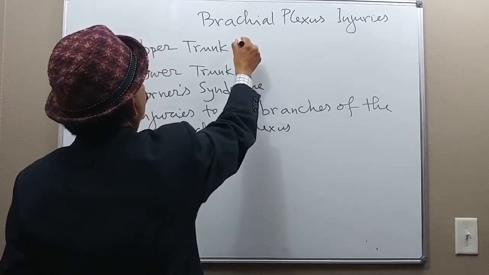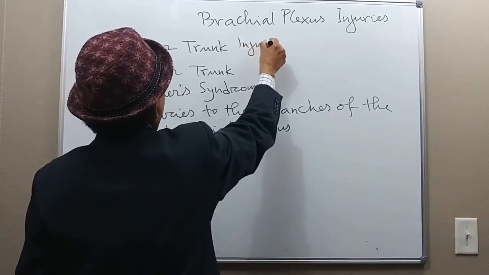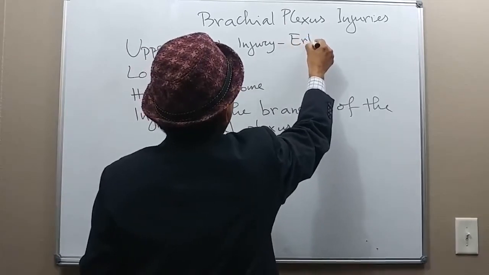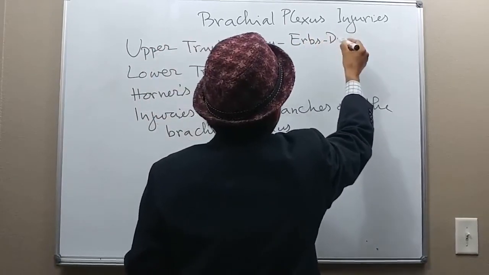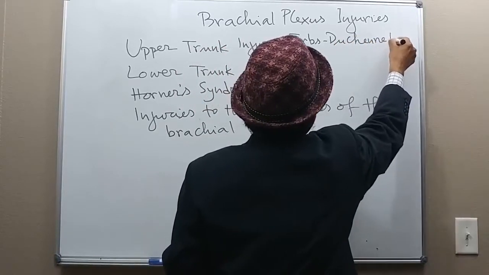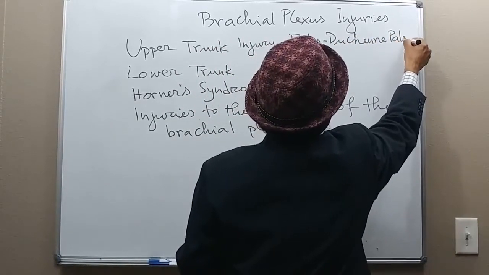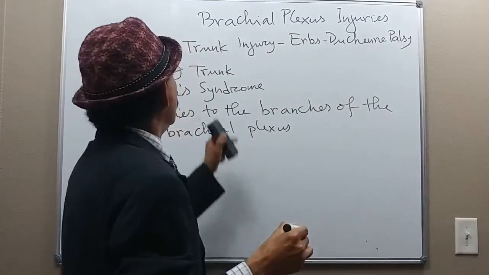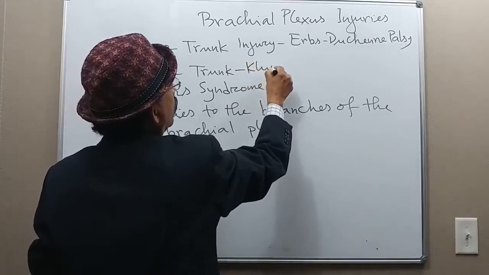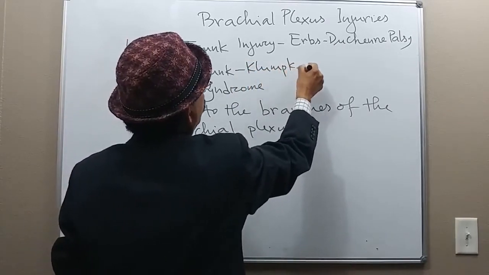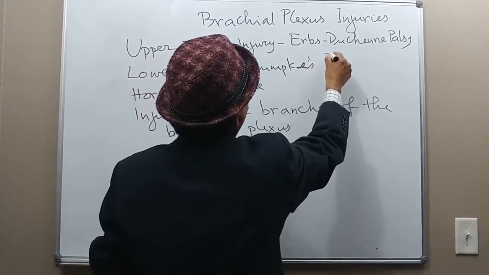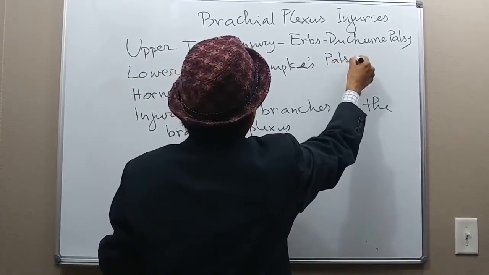The upper trunk injury is also called Erb-Duchenne palsy, palsy or paralysis. Lower trunk injury is also called Klumpke's palsy or paralysis.